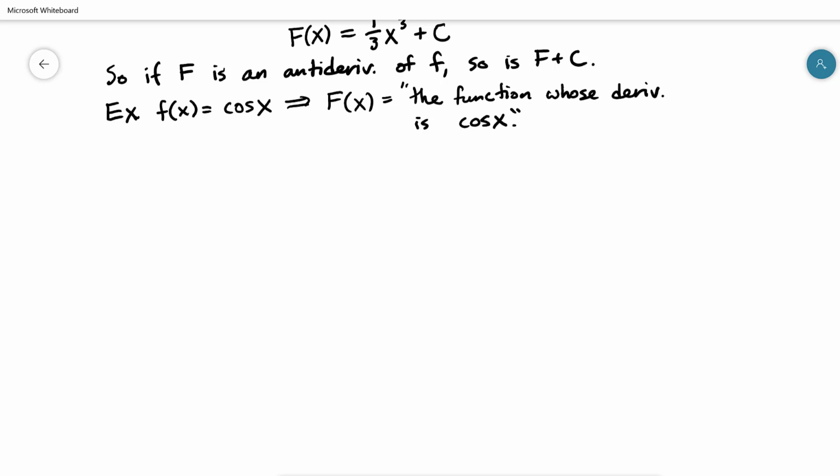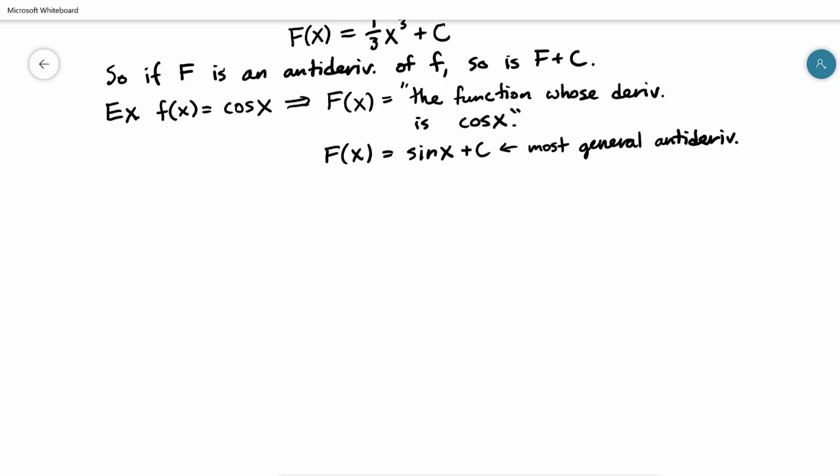So what is the function whose derivative is cosine? Well, in this case, we know the derivative of sine is cosine. So it's going to be sine of x, but then we've got to remember if this function is an antiderivative, so is this function plus any constant. So I'm going to add in my plus c. That is the most general antiderivative. And what we've done to generalize it was adding that plus c.